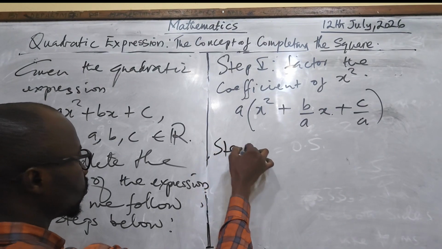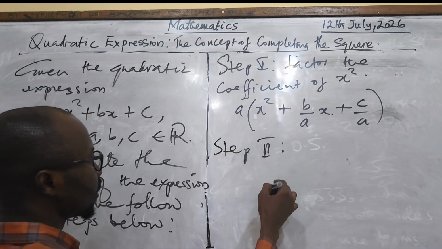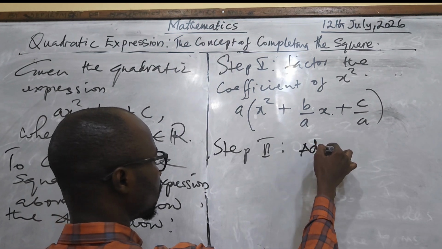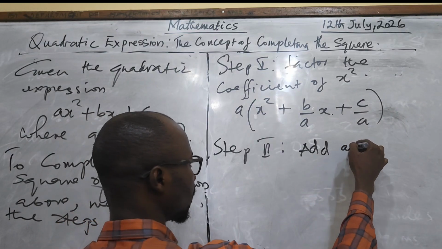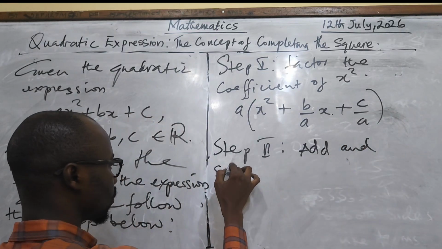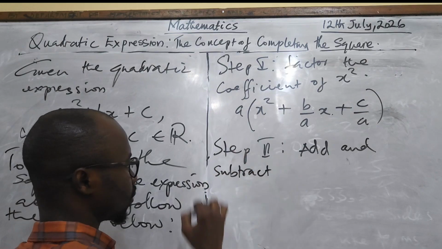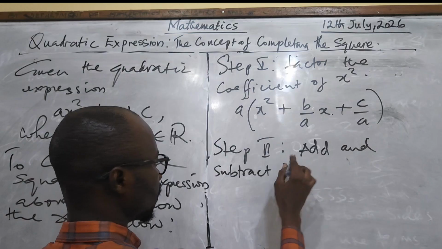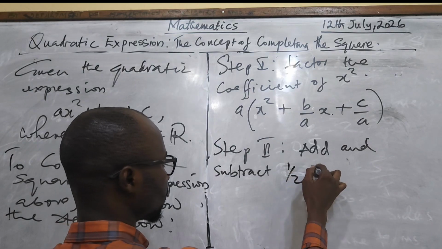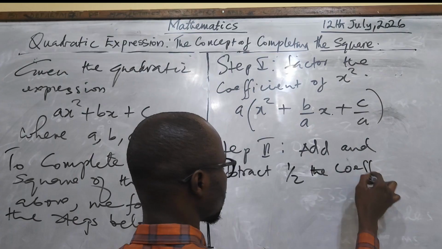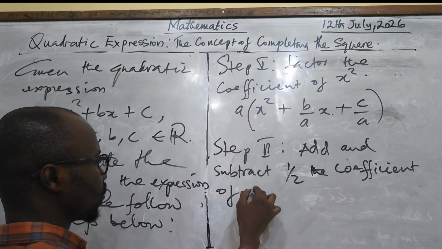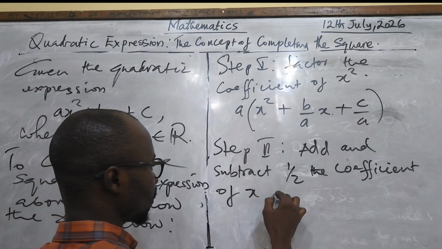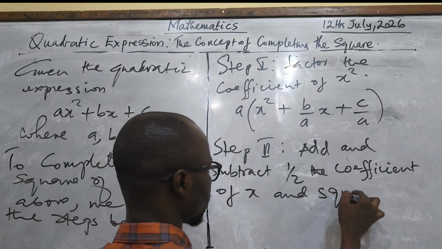Alright, so step 2, which is very important, we will add and subtract half the coefficient of x and square it.